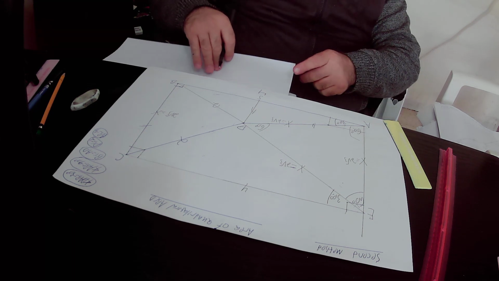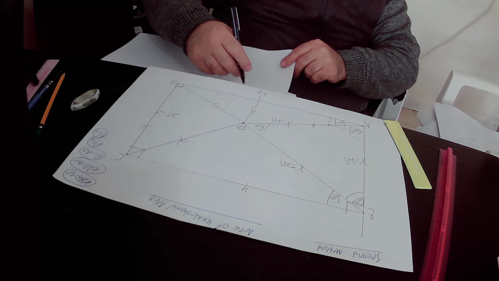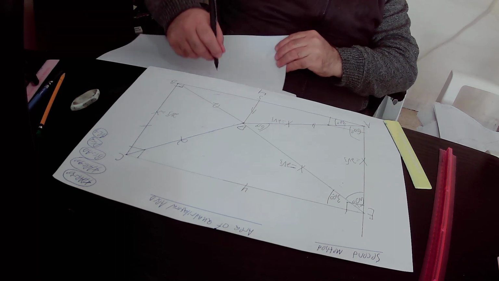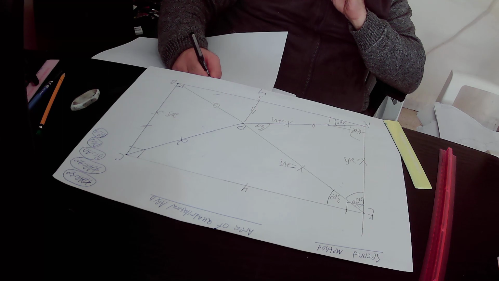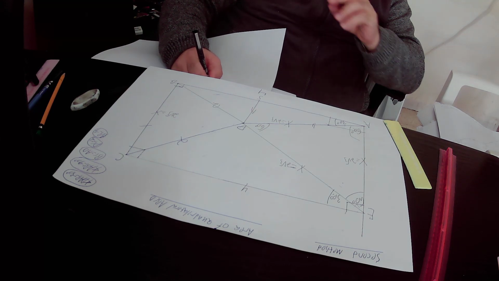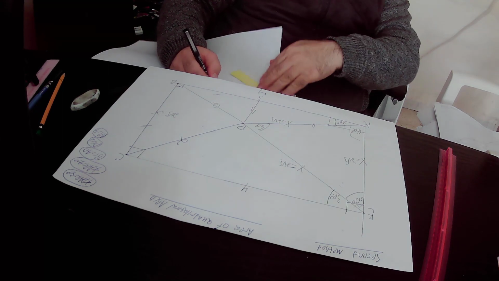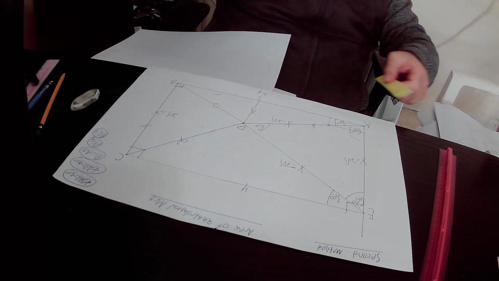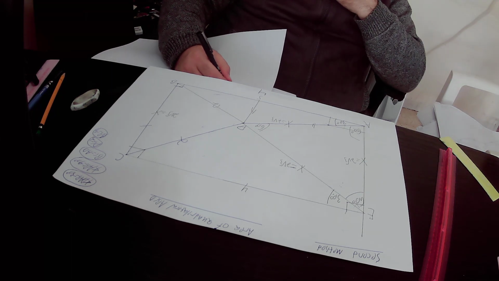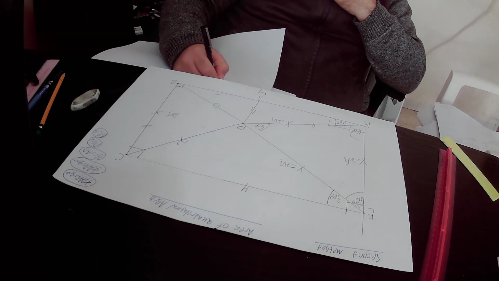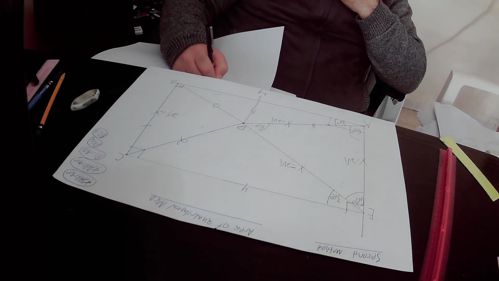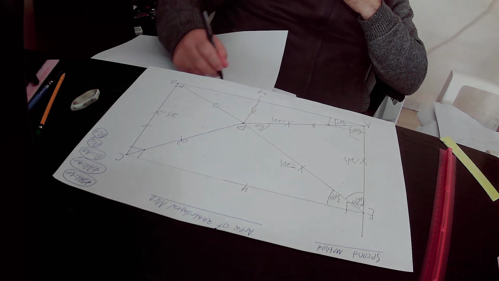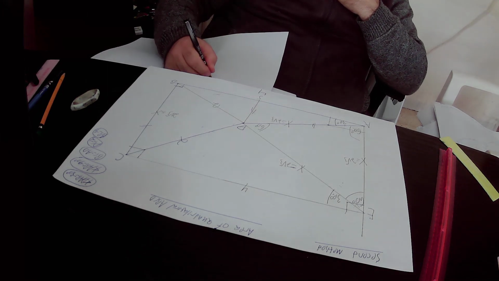So in triangle ADB, sine 30 degrees equals H over 2 times square root of 3.